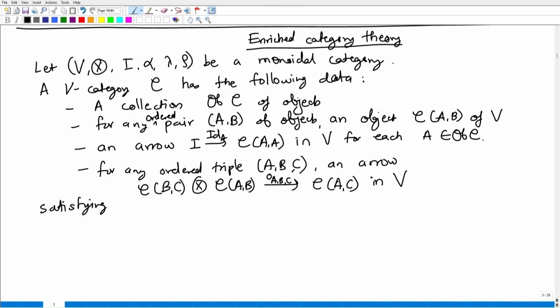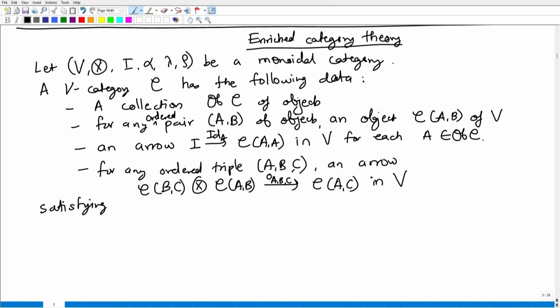If V is sets, Cartesian product, singleton: a locally small category. Yeah, not just a category, it's a locally small category. We just have a collection of objects. Then we have a set C_AB. Then we have one particular element from C_AA, namely the identity morphism.